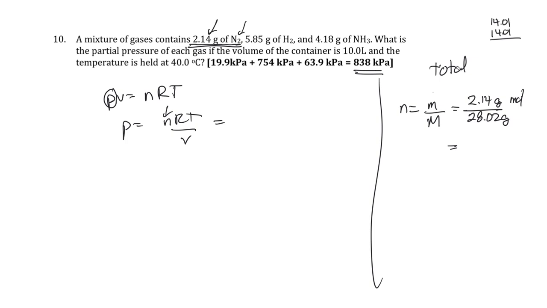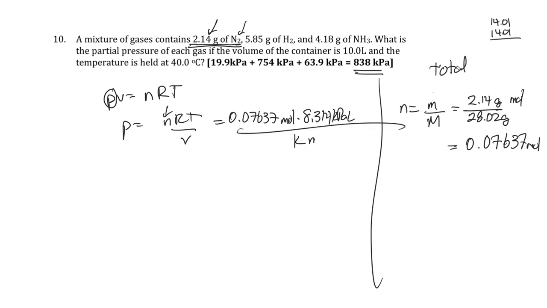So let's divide those. 2.14 divided by 28.02 comes out to 0.07637 moles. So that goes here, 0.07637 moles times the universal gas constant, kilopascal liters per Kelvin mole.